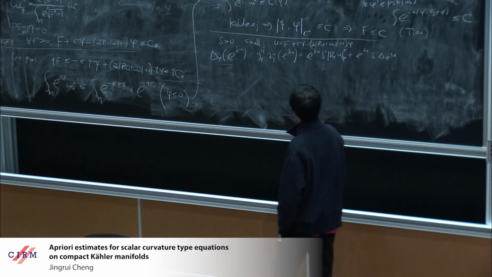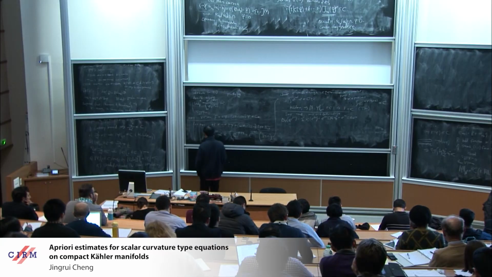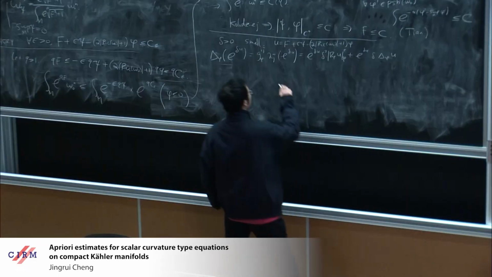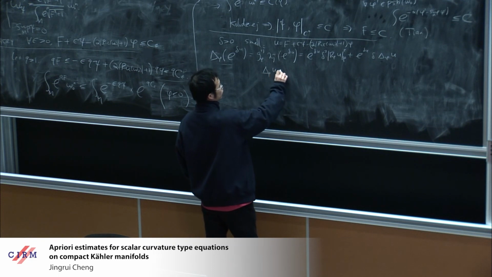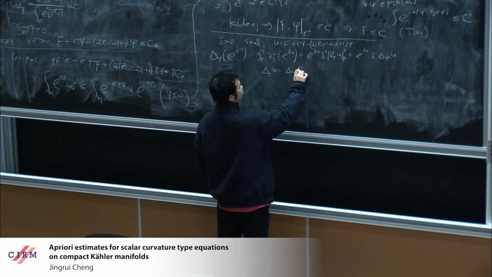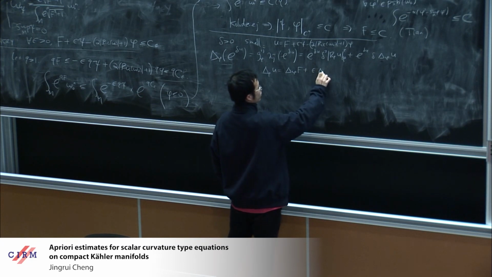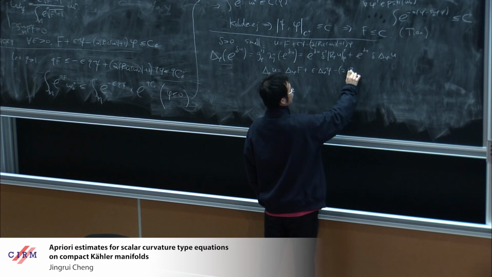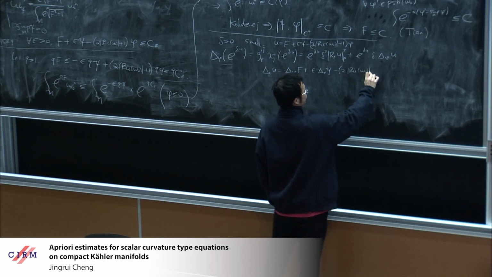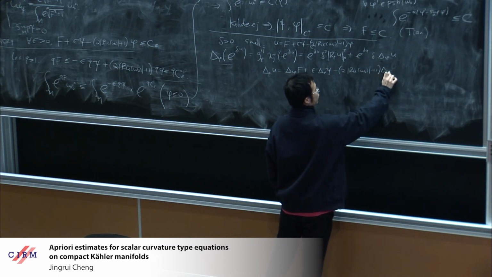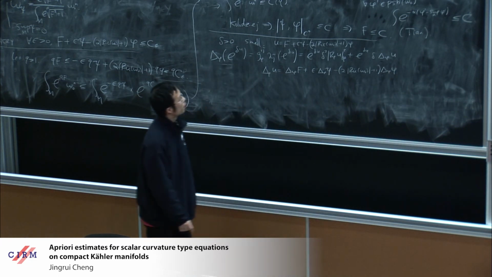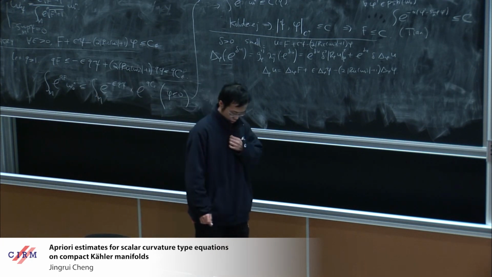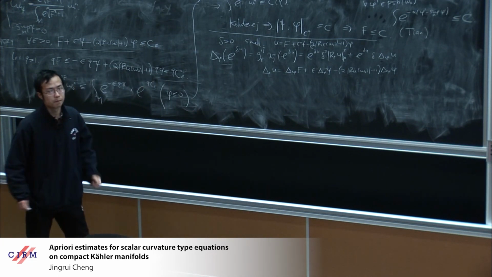Then we will have to find what is the Laplacian of u: Laplacian phi of f plus epsilon Laplacian phi of psi minus twice omega 0 plus 1 times phi. So for the Laplacian phi of f, we have to use the equation.